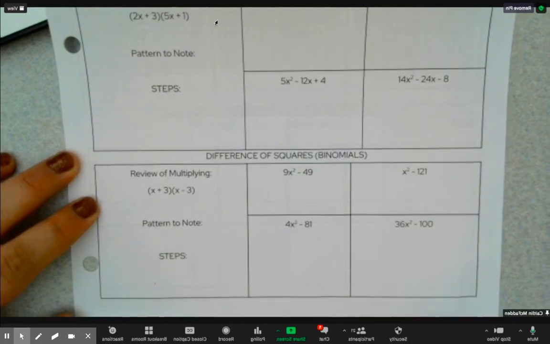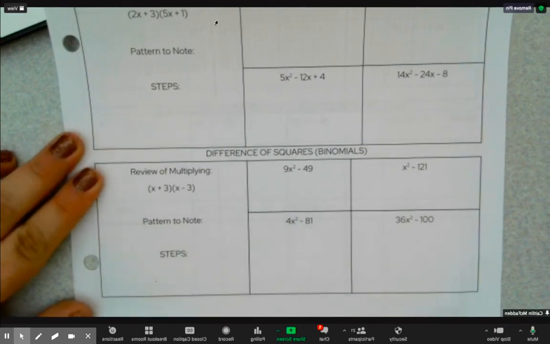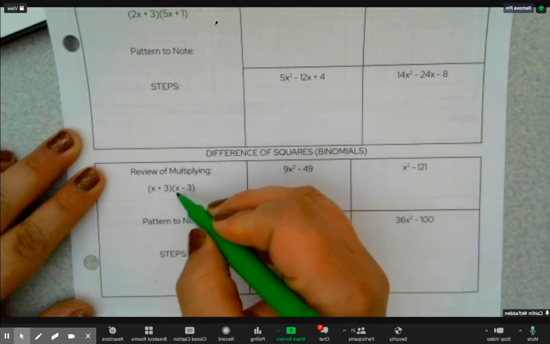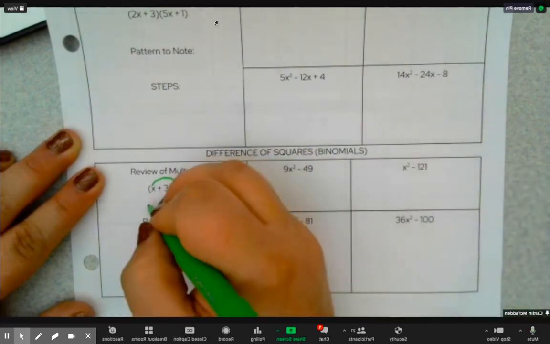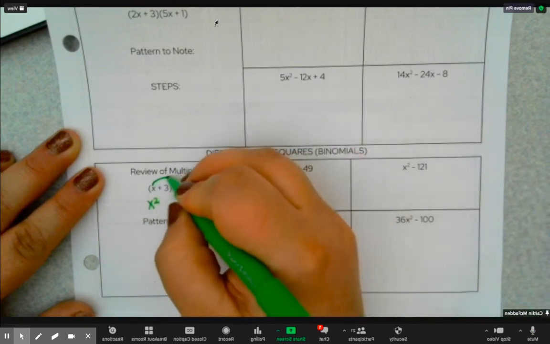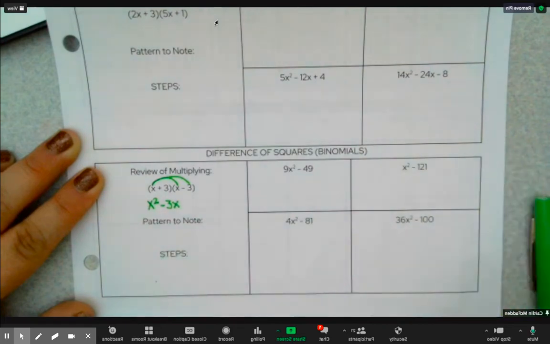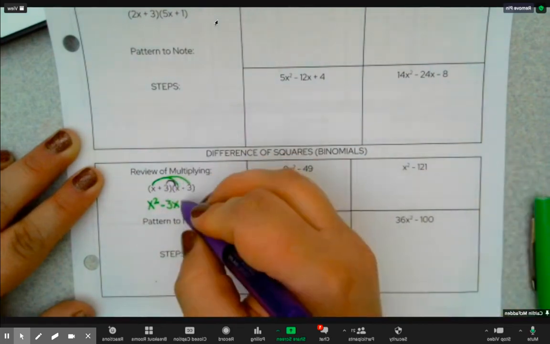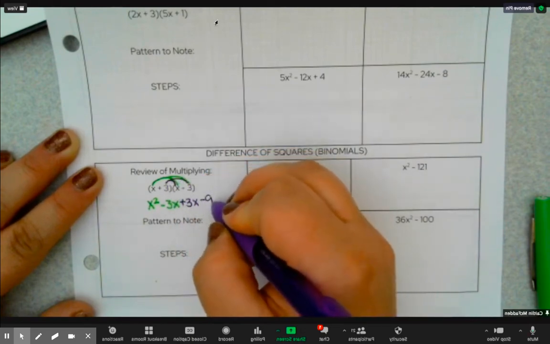For the last one, there's a really special pattern that makes these the easiest type of factoring ever. But if you don't understand the pattern, then you're never going to remember it. What happens when I multiply these together, just like I did up there, is I'm going to get x squared minus 3x, and then positive 3x, and negative 9.